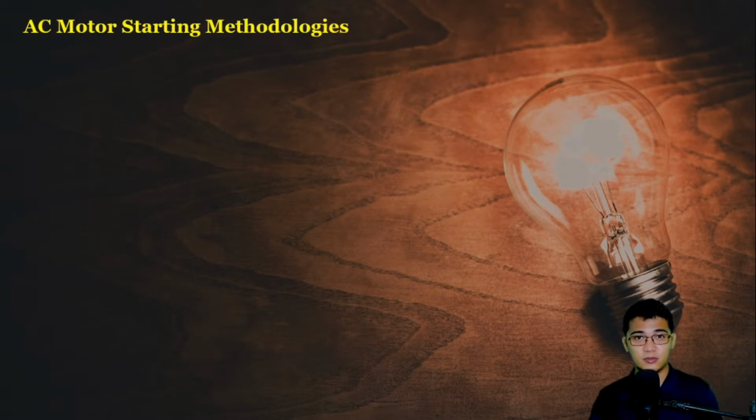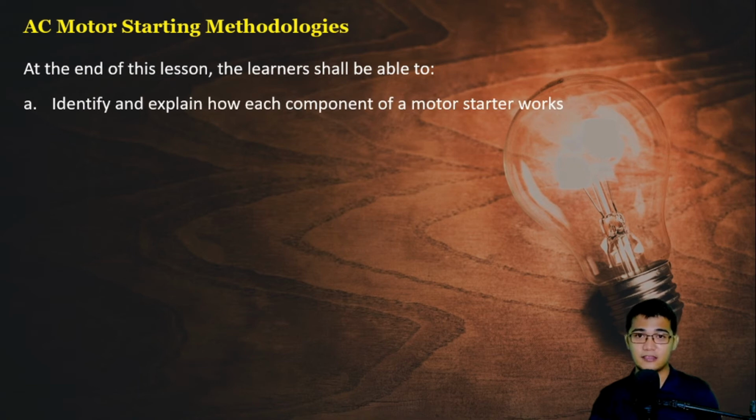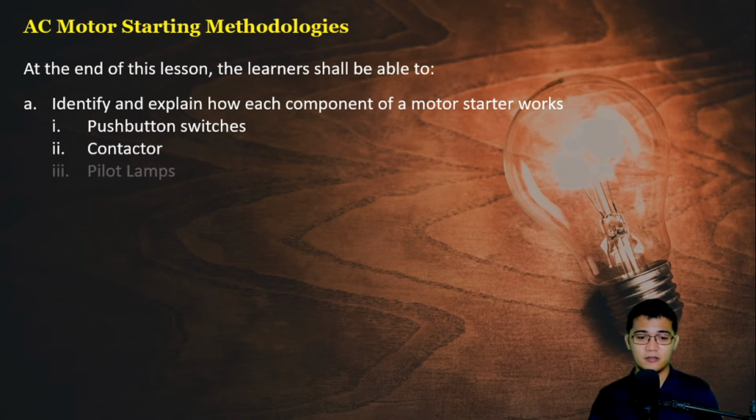Prior to that, we will be learning about the various components that are used for motor starting. So this will be our topic of interest, the AC motor starting methodologies. At the end of this lesson, the learner shall be able to identify and explain how each component of a motor starter works, specifically the push button switches, the contactor, the pilot lamps, and the timer relay.